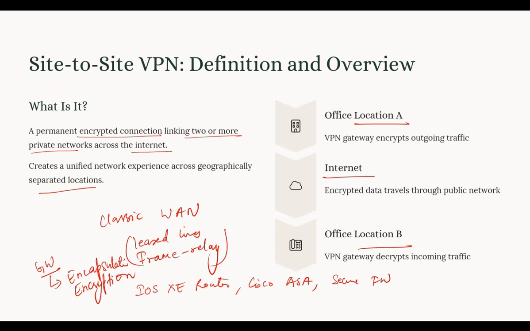One protocol that is widely used in site-to-site VPNs is IPsec. IPsec is the protocol of choice used in site-to-site VPNs. This is a standard protocol defined by the IETF, the Internet Engineering Task Force, which is a framework of different protocols like ESP, AH, and IKE.